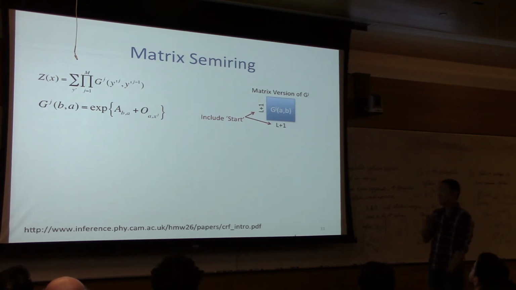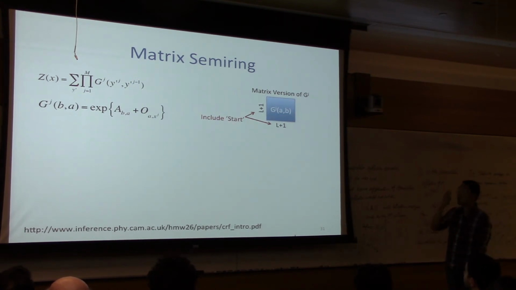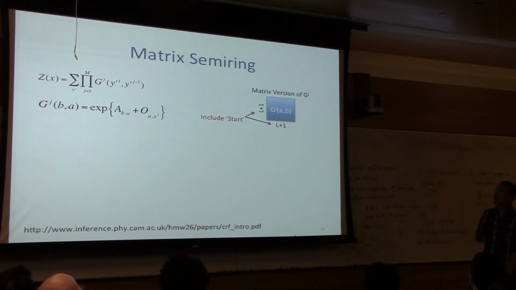Okay, so this formula can be exploited by a concept known as a matrix semiring. You don't need to know exactly what it is. In fact, I always forget exactly what it is. But the basic idea is as follows.